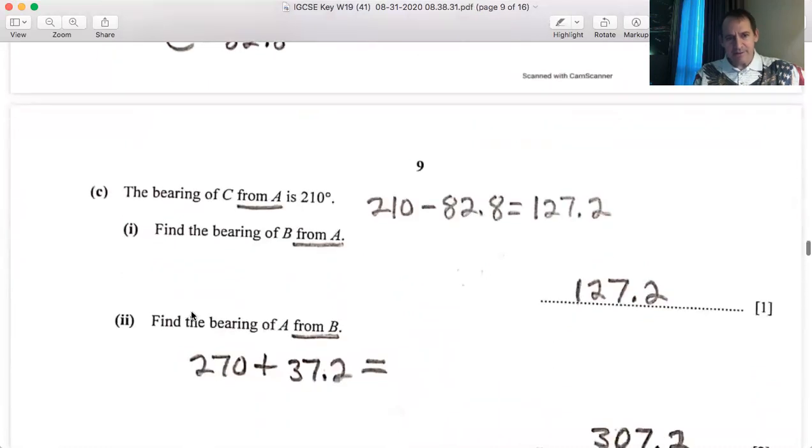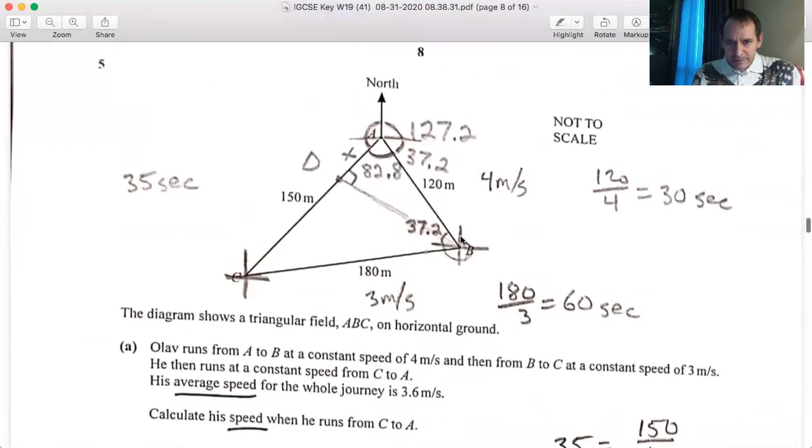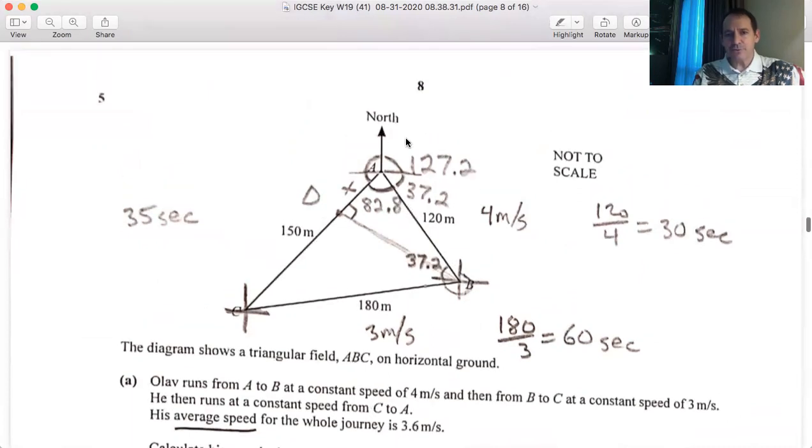Then it says find the bearing of A from B. So A from B means we start with B facing north. We need to come around all the way this way. If we go back here, we know that this amount here was 127.2 minus the 90. We know that north, south, east, west makes 90 degrees. So take out the 90, and that leaves you 37.2.